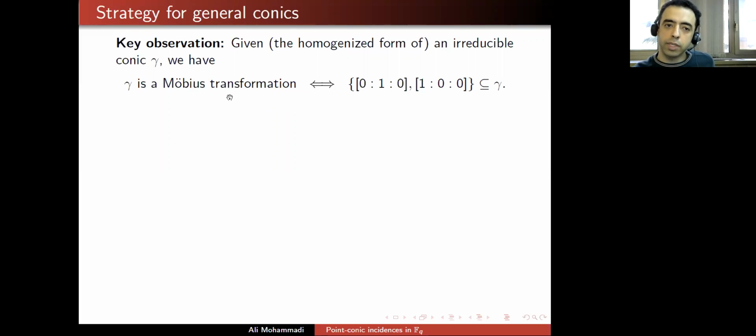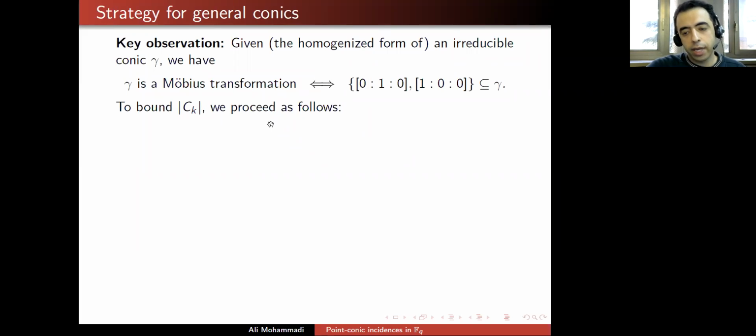And when you substitute these points in it, you can see that these points lie on a Mobius transformation. Also, if you take an arbitrary conic and assume that these points lie on it, then it's not hard to see that, first of all, it takes the form of a Mobius transformation, and secondly, the defining parameters actually belong to GL2, as long as it's irreducible.